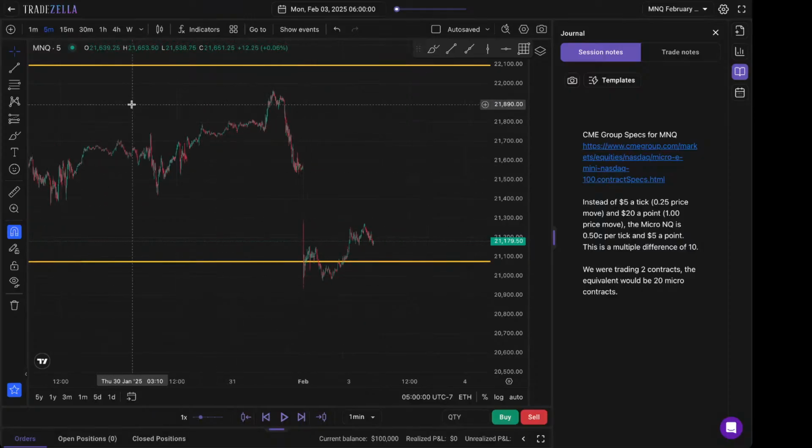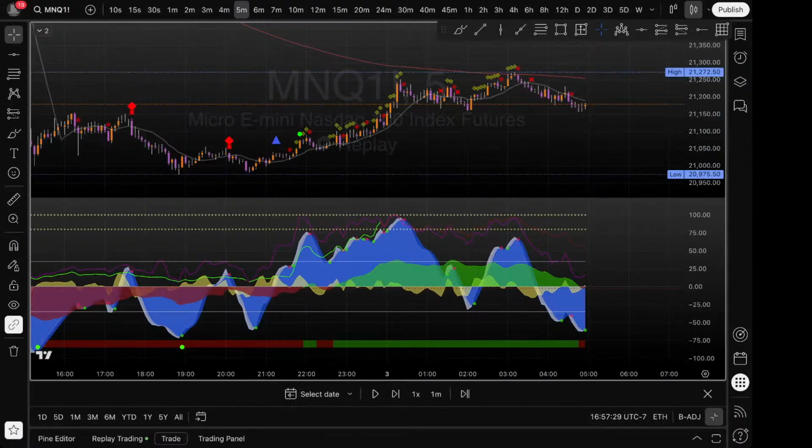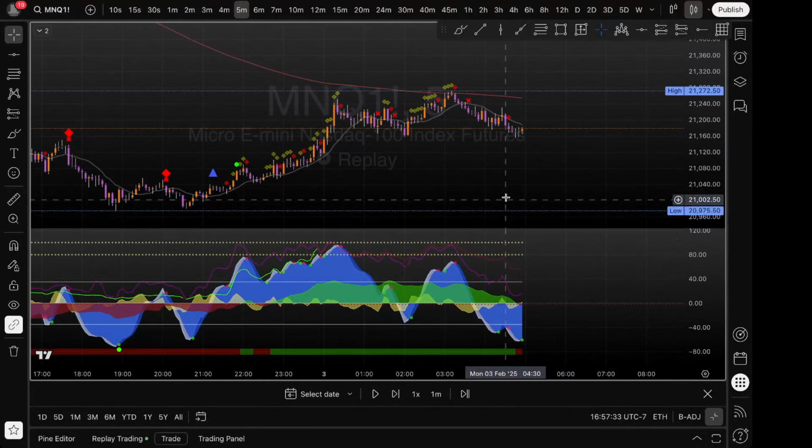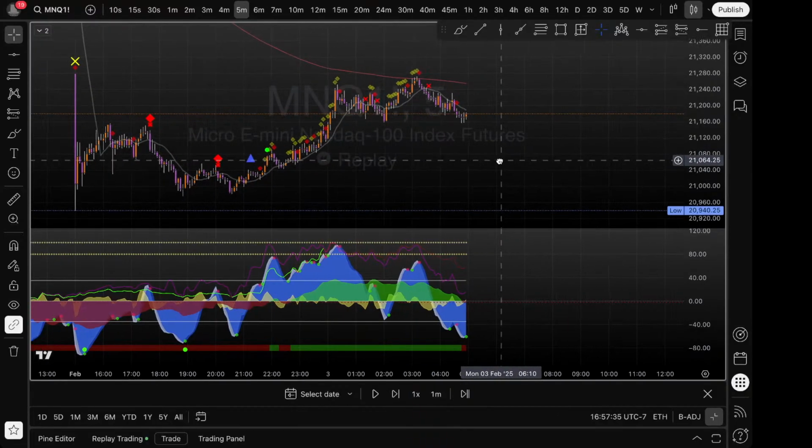All right, enough of that. Let's look at some MarketCipher. That's where we want to be anyways.